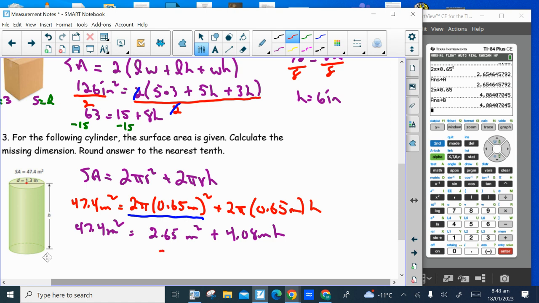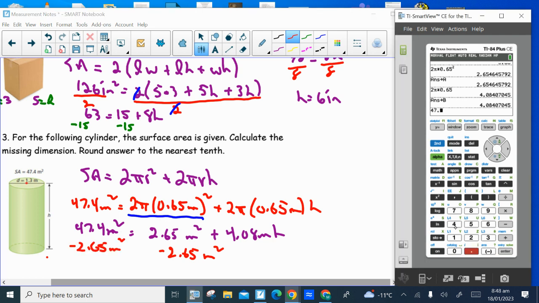So, as I said earlier, I'm going to subtract the 2.65 meters squared from both sides. 47.4, take away that 2.65, but again, we need to use the entire decimal. I've stored that number into memory slot A, so that allows me to use the entire decimal.